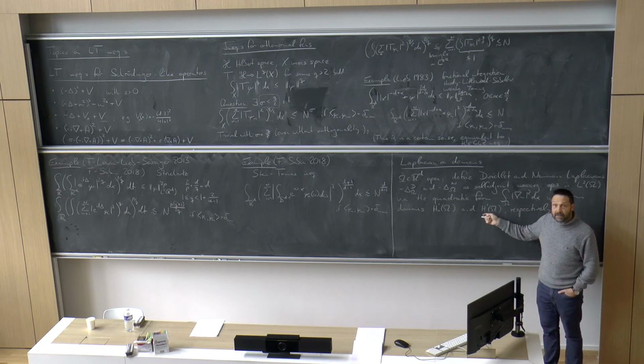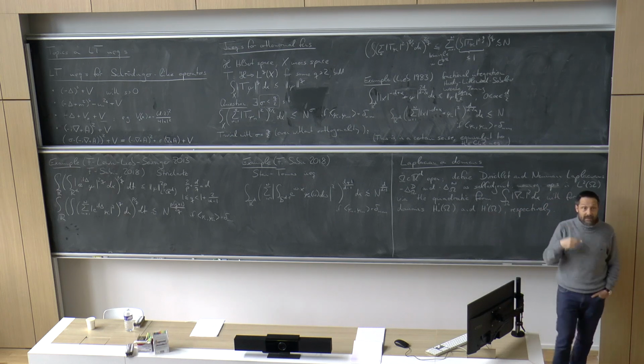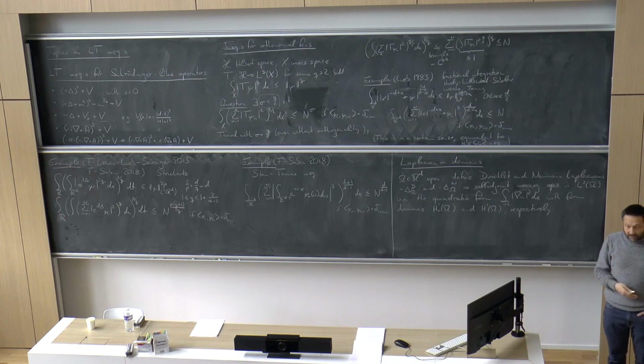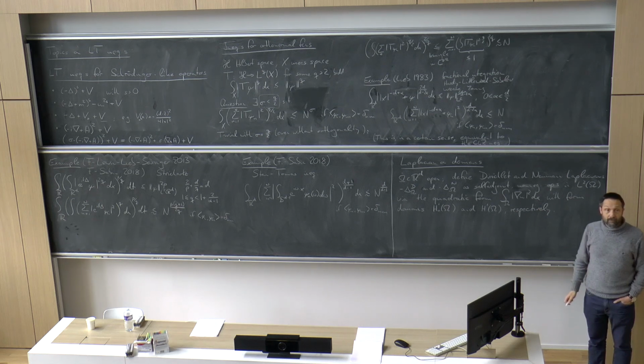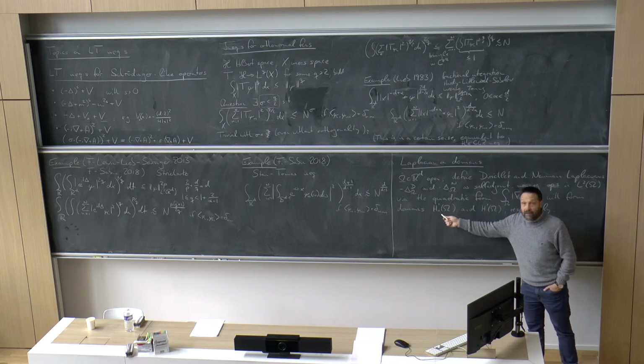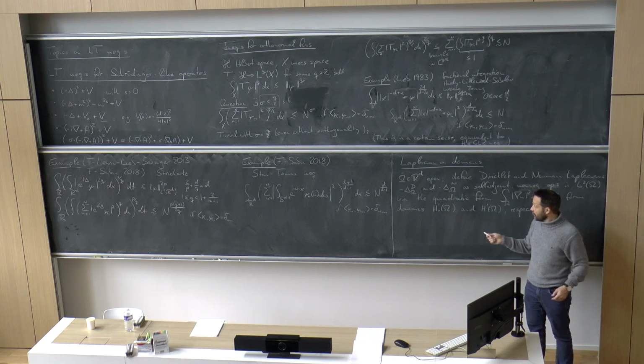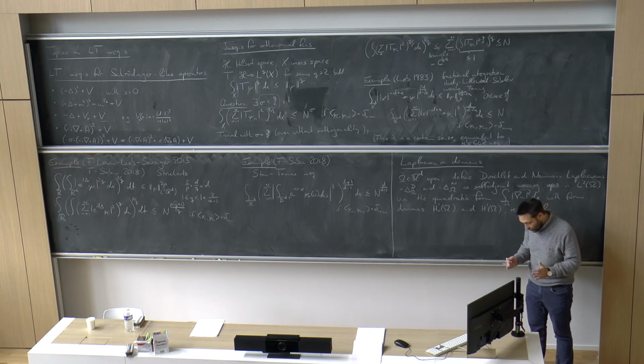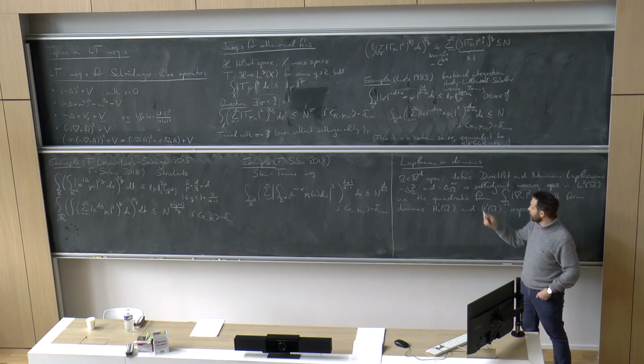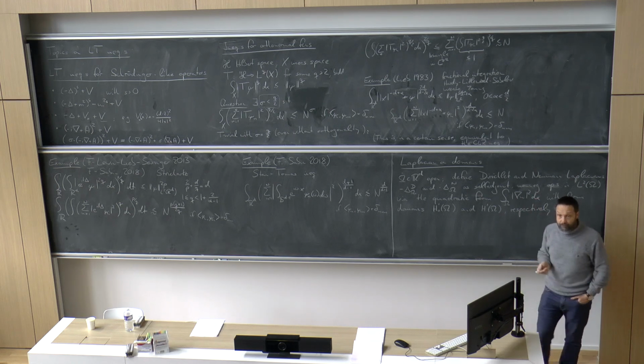That's the Sobolev space of order 1. It consists of functions in L2 whose distributional gradient belongs to L2. And the 0 means the closure, with respect to that norm, of functions whose support is a compact subset of omega.